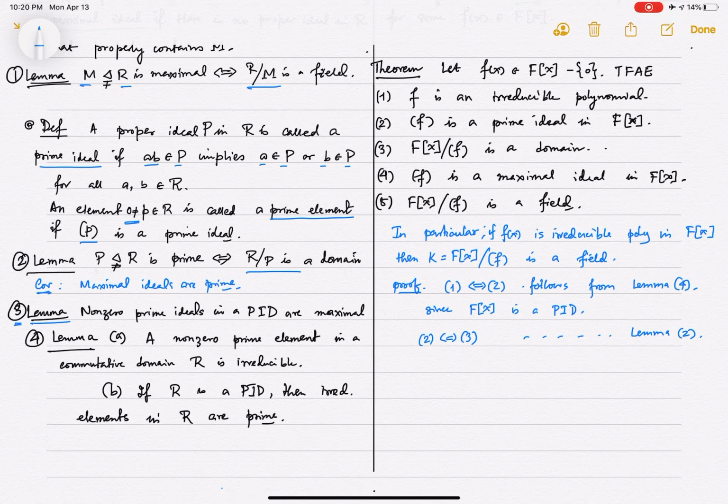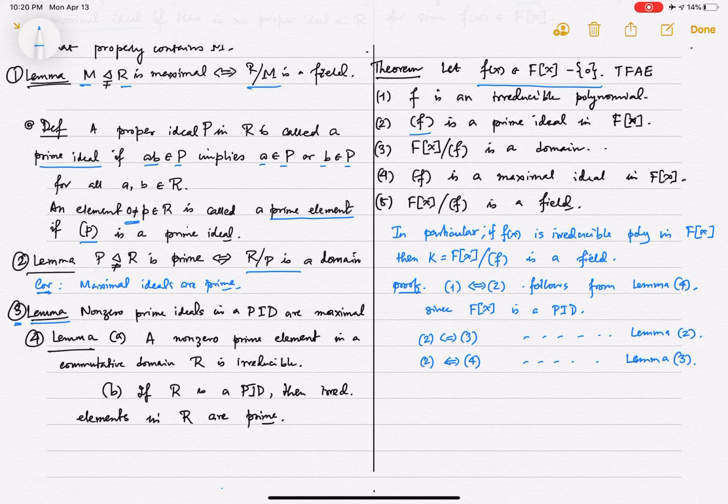Equivalence of 2 and 4 follows from lemma 3. Maximal ideals are certainly prime, and we are talking about non-zero polynomials here. So the prime ideal that it generates, if you take the ideal (f), that's a non-zero ideal, so that's a non-zero prime ideal.